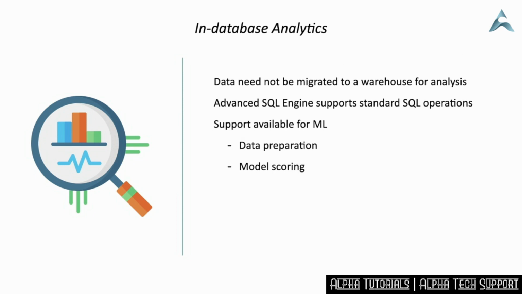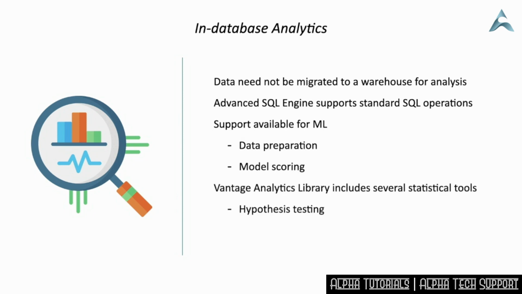When analyzing large data sets, we may need the help of some advanced statistical tools, for which there is the Vantage Analytics library, which includes hypothesis testing functions as well as options for feature engineering. So we can use statistical tools for ML.